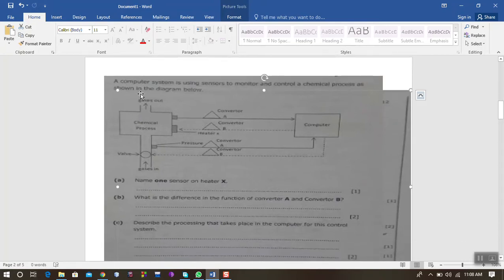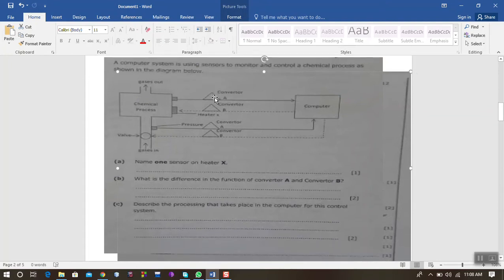So it's saying a computer system is using sensors to monitor and control a chemical process as shown in the diagram below. So at this side there is a chemical process, and we've got these valves, and there is a computer this side. There they are saying converter A, converter B. There they are saying pressure. Then here converter, just like that.